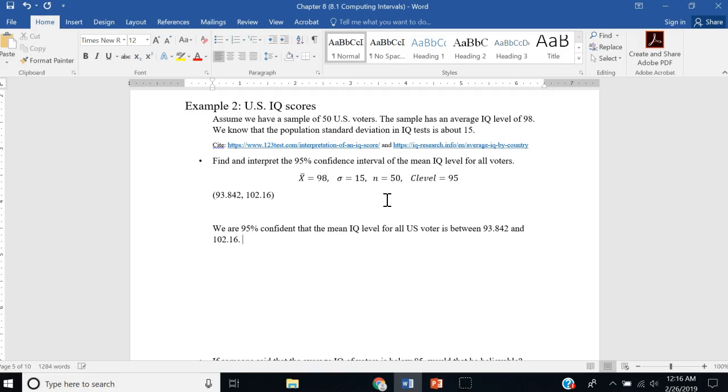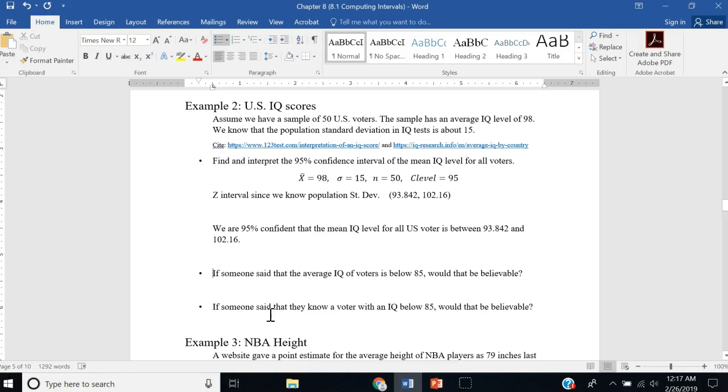All right, so that would be finding the confidence level and interpreting. Again, we're using the z-interval because we know the population standard deviation. So there you go. We're 95% confident the average IQ level for all voters is between those two numbers.